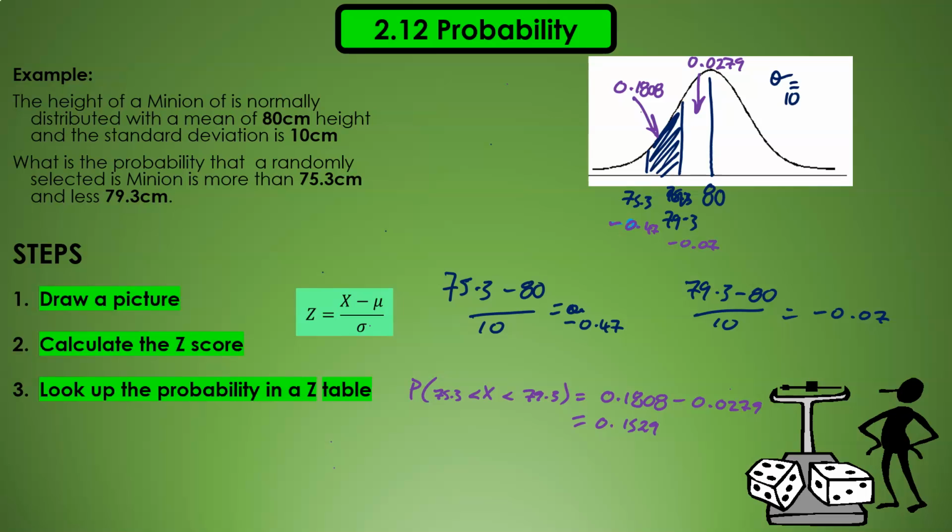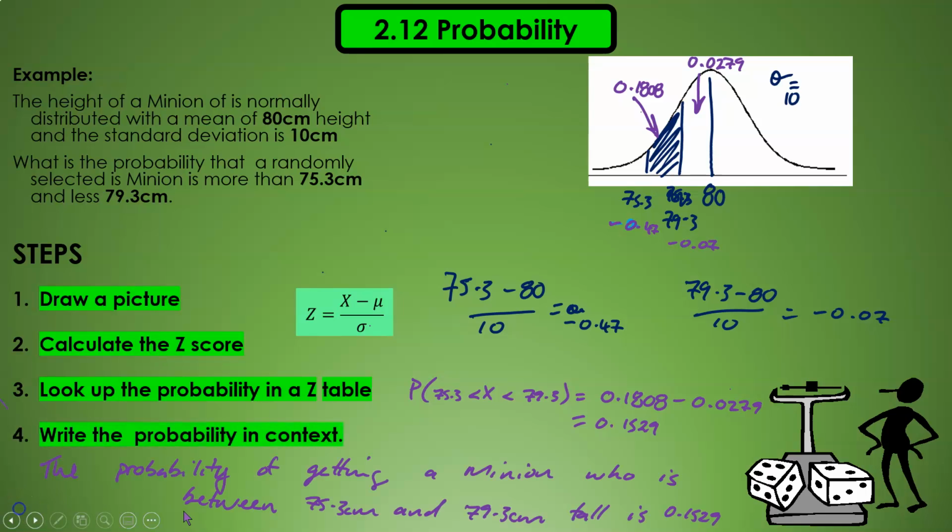So the last step, make sure we write our answer in context. The probability of getting a minion who is between 75.3 centimeters and 79.3 centimeters tall is 0.1529.